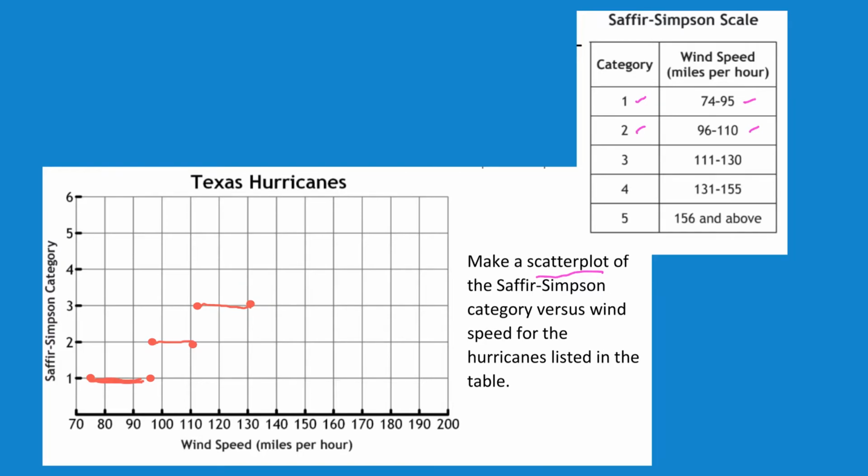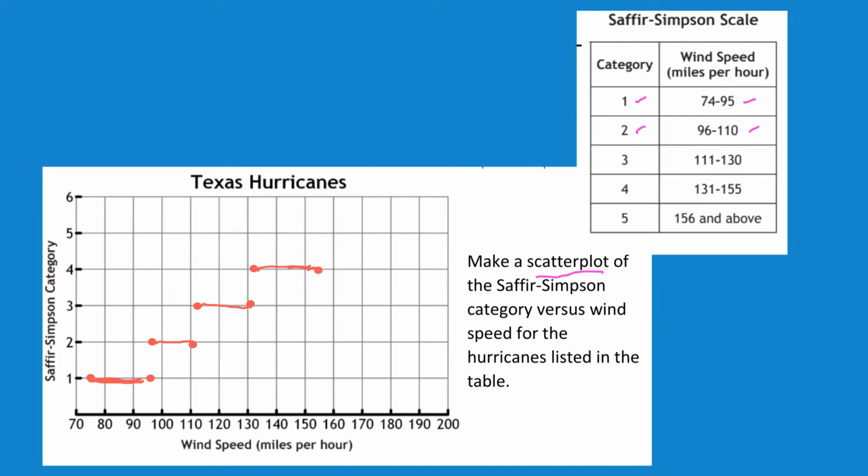And then category 4 is 131 to 155. Connect the dots. And then 156 and above.